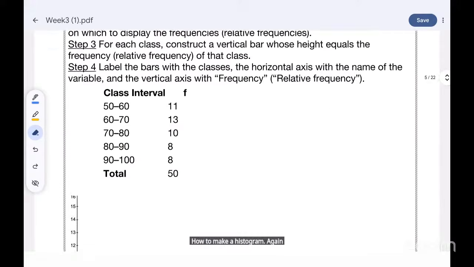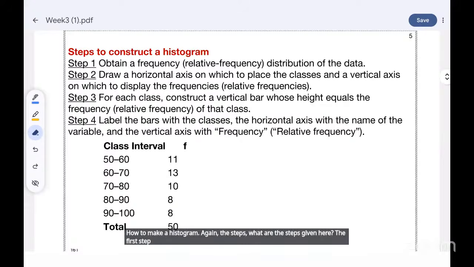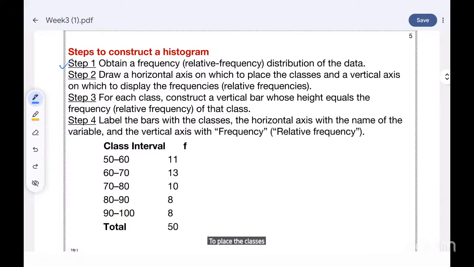Again, what are the steps given here? The first step: obtain a frequency distribution of the data. We have already done that. The next step is to draw a horizontal axis on which to place the classes and a vertical axis on which to display the frequencies.